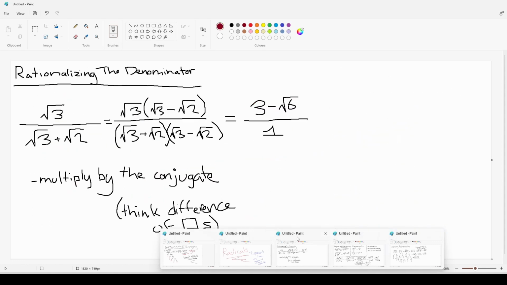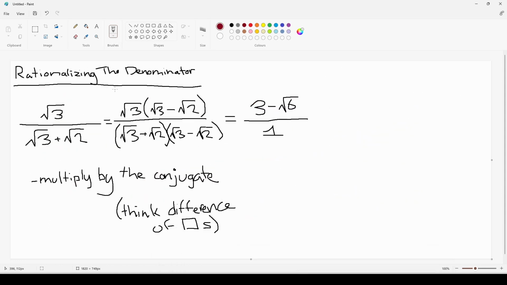Now let's take a look at rationalizing the denominator. So when we look at this equation, we see this at the bottom with a root 3 plus root 2. And so what we want to do in this scenario is multiply by the conjugate, which, think of the difference of squares, where it's the same kind of thing, except this plus sign is a minus sign.